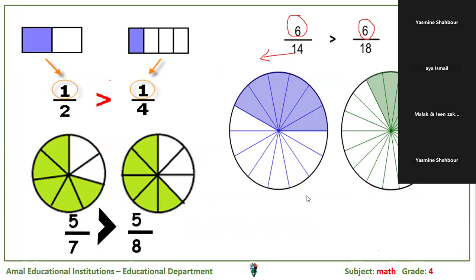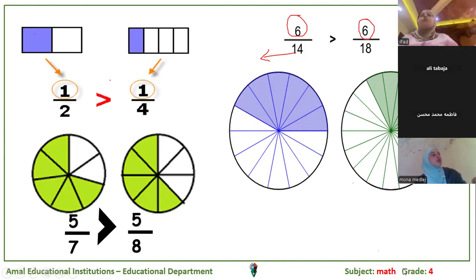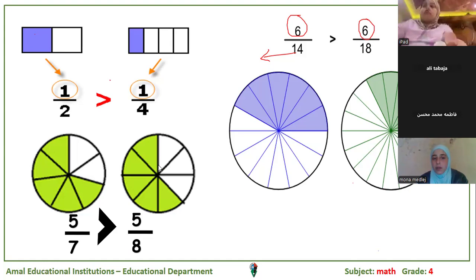Which fraction is the bigger and why? 5/7. 5/7 is bigger. Do you know why? Yes, because 7 is less than 8.